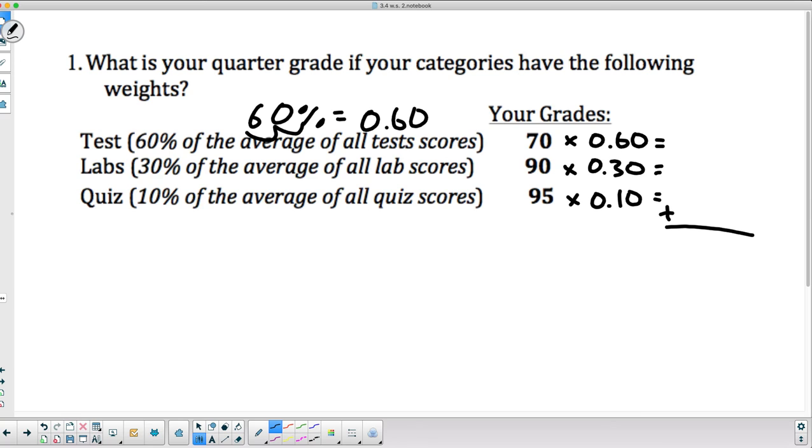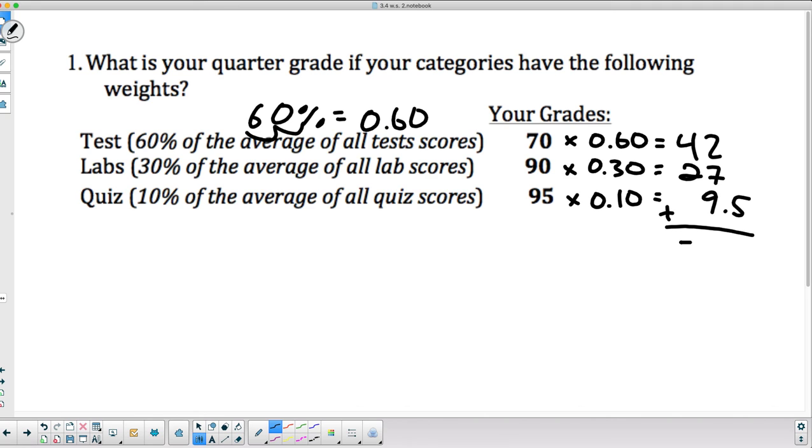70 times 0.6 is 42. 90 times 0.3 is 27. And 95 times 0.1 is 9.5. And then I add them all up.